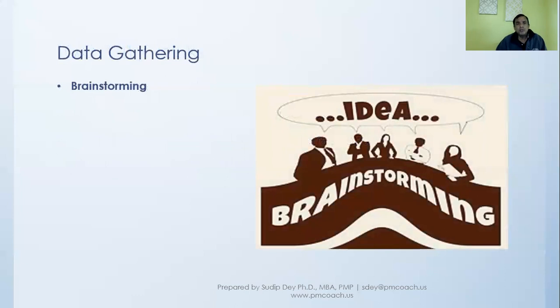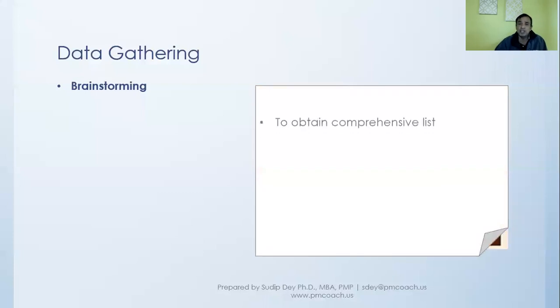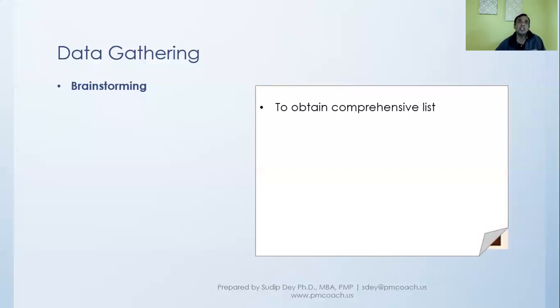Now, we use different tools. One is, for example, in data gathering, brainstorming. We do brainstorming in many other areas. In this particular case, when we're doing brainstorming for risk identification, our objective is to get a comprehensive list of the potential risks in the project.